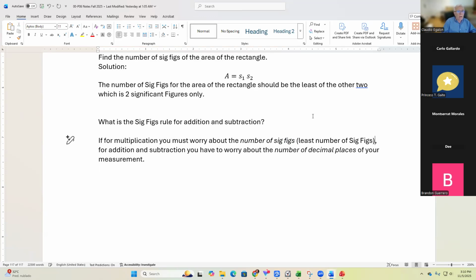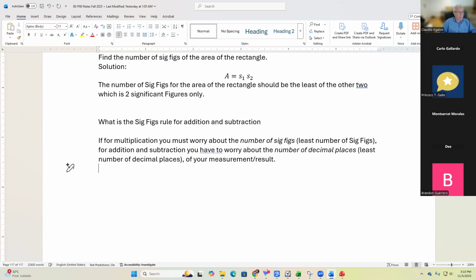In the other one, the least number of decimal places. That's the rule for decimal places of your measurement slash result. Okay? That's the rule for addition and subtraction.